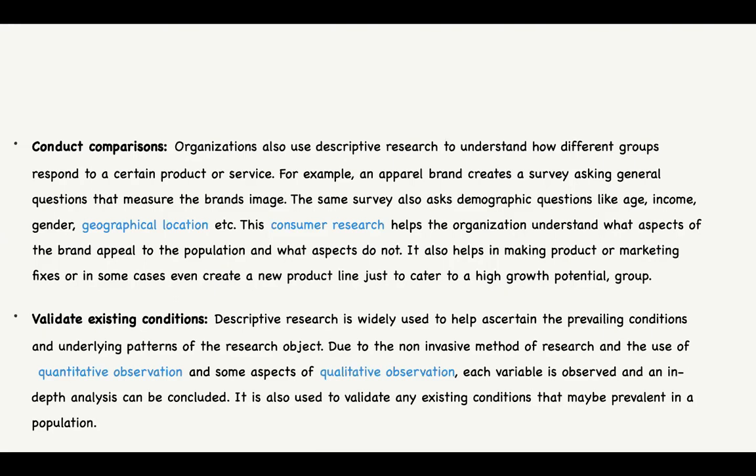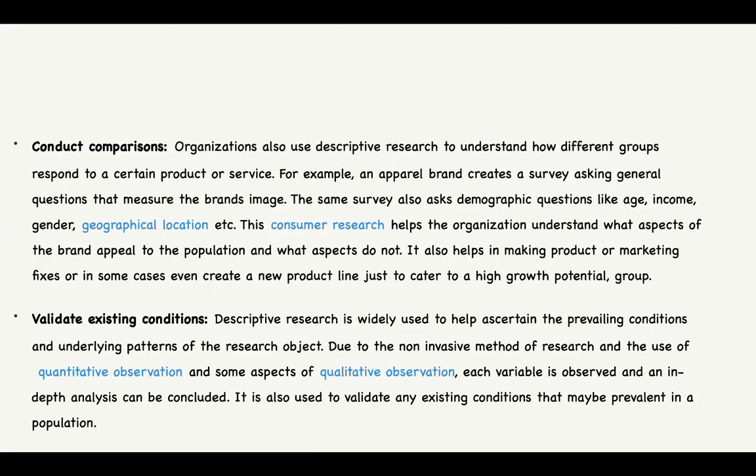Validate existing conditions. Descriptive research is widely used to help ascertain the prevailing conditions and underlying patterns of the research object. Due to the non-invasive method of research and the use of quantitative observation and some aspects of qualitative observation, each variable is observed and in-depth analysis can be conducted.